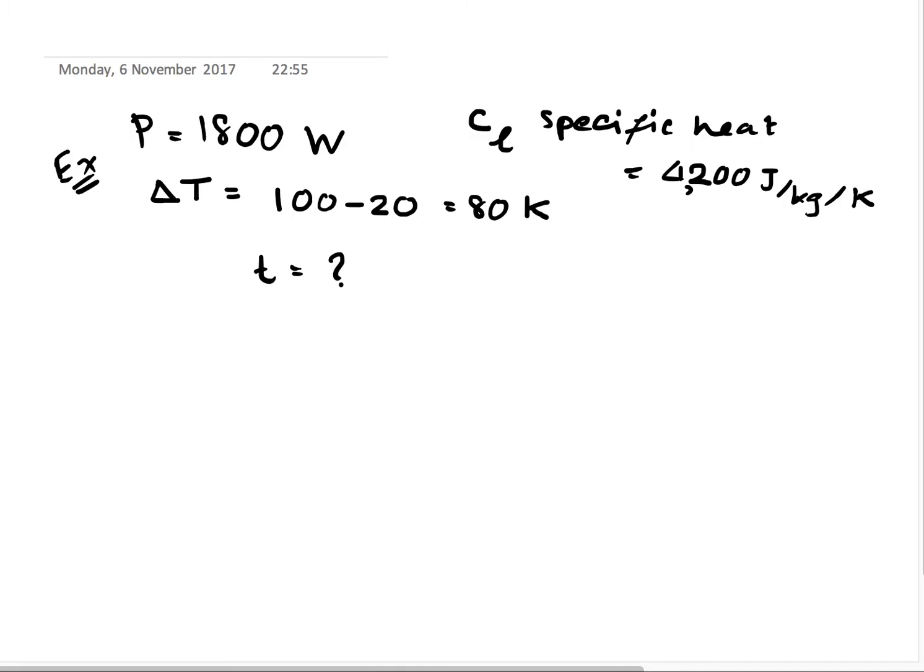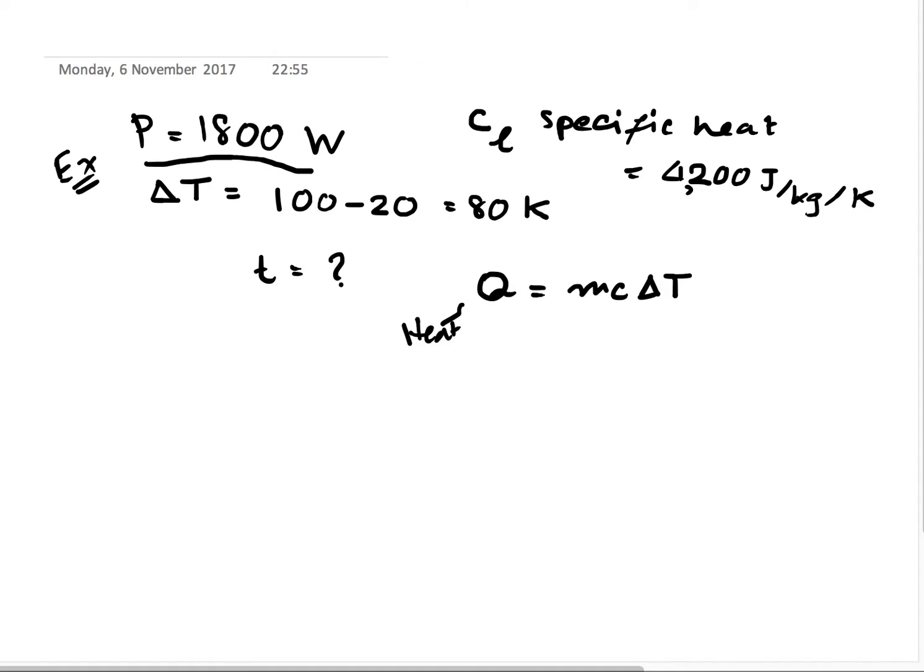To increase the temperature to the boiling point, we might consider this equation, Q = mc delta T. But to get the parameters in this equation, it might not be that straightforward. Q is the heat, the total amount of energy, but what we have from the question is the power.